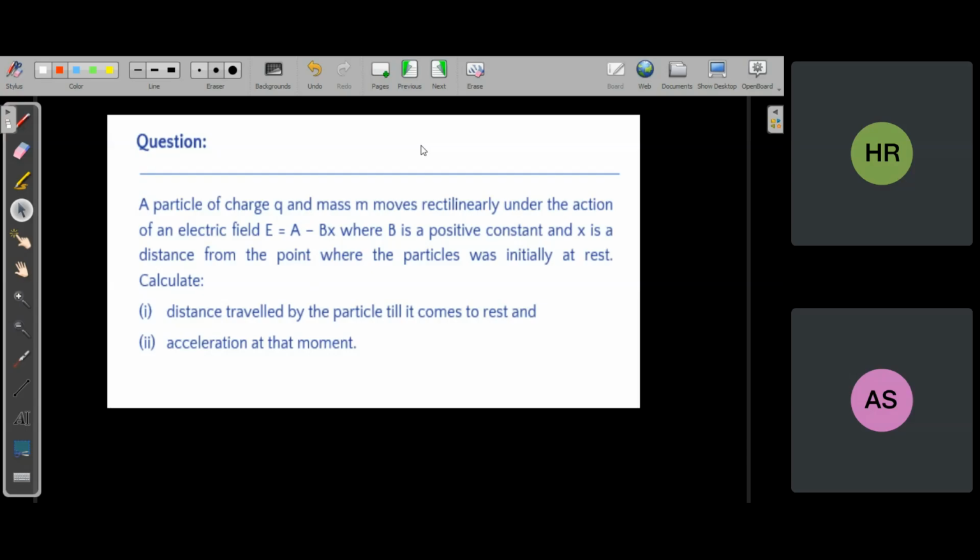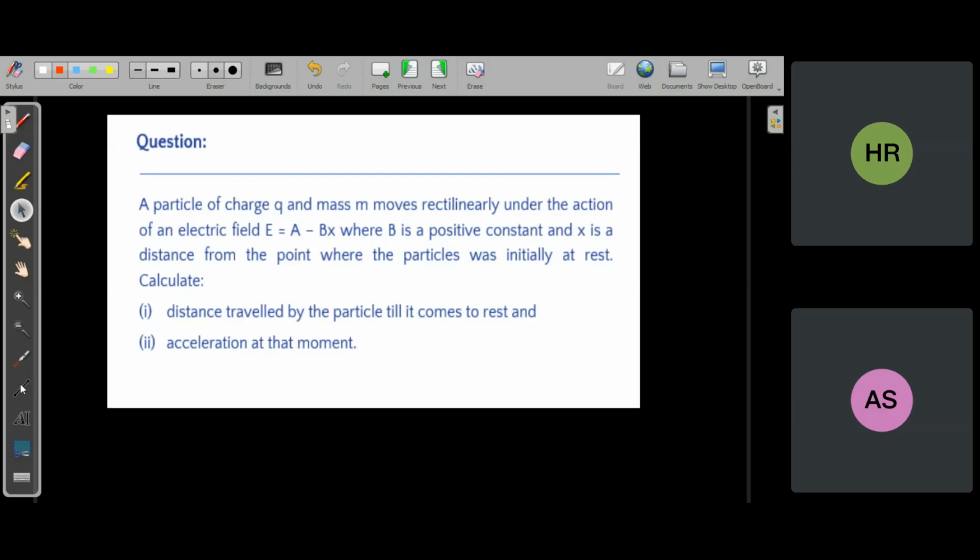Can we do it by the work energy theorem? Yes sir, we can do it. Yes, but we also do not want to do it that way. Integration of qE dx from x1 to x2 is equal to 0, since the change in kinetic energy is 0, no?